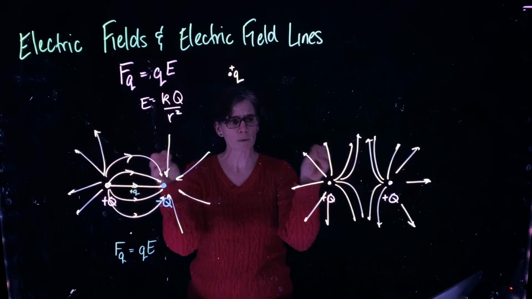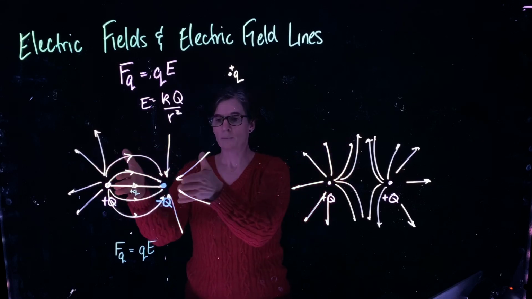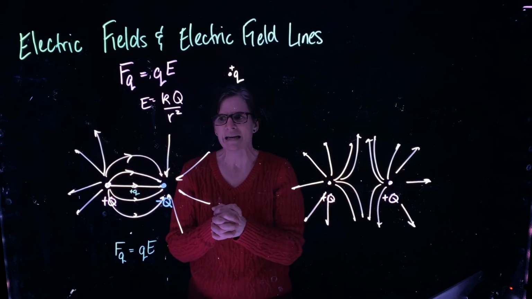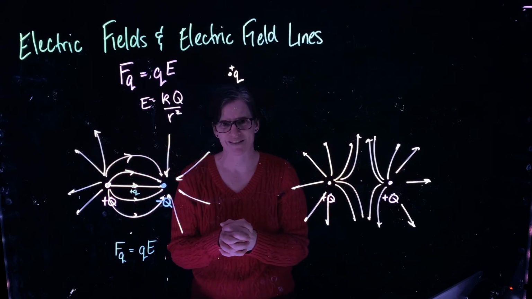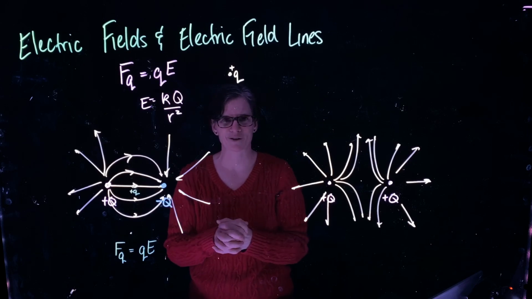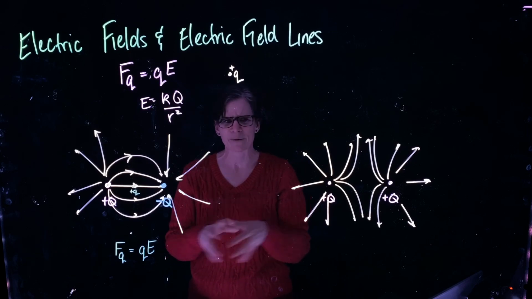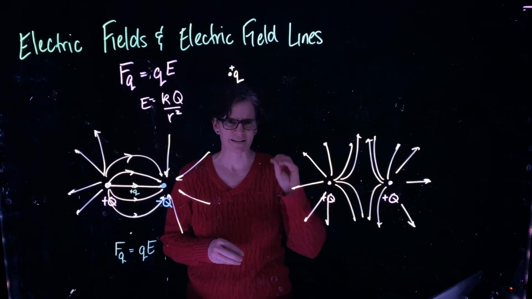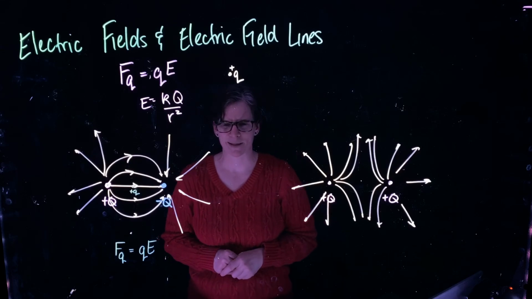And when I superimpose two point particles within the same space, the idea of superposition takes over, and we add those two electric fields vectorially, and we can conceptualize it thinking about how that charged test particle would behave if I plopped it in there somewhere.